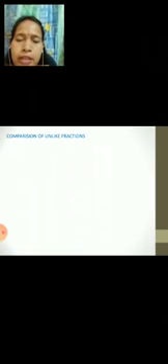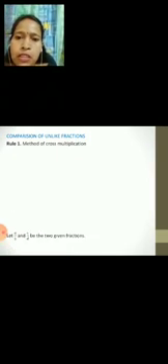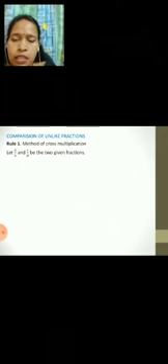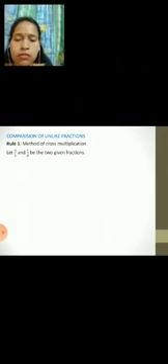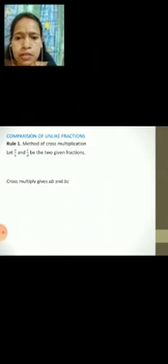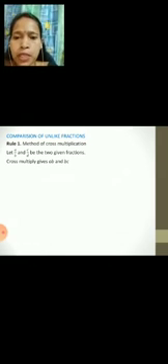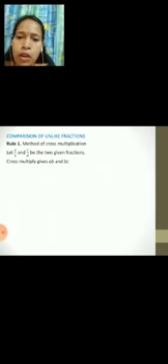Now, comparison of unlike fractions. Method of cross multiplication. Here we have taken a by b and c by d, both are unlike fractions. So by the cross multiplication method we can find out which one is more.